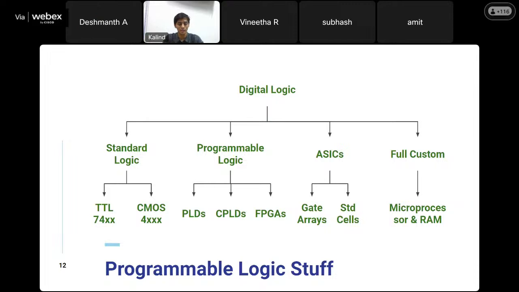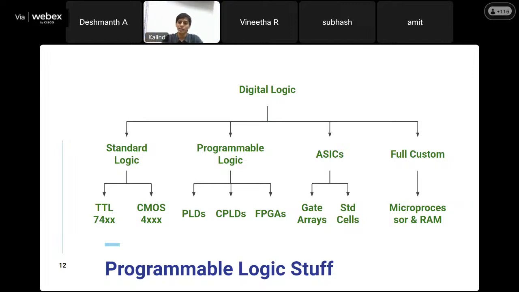TTL is nothing but transistor-transistor logic, and CMOS is nothing but complementary metal oxide semiconductor logic, right? So you have 74xx standard chips, then you have 4xxx standard chips available, which are TTL and CMOS logic chips. And under programmable logic, you have all these categories that we talked about, like PLDs, CPLDs, and then FPGAs.